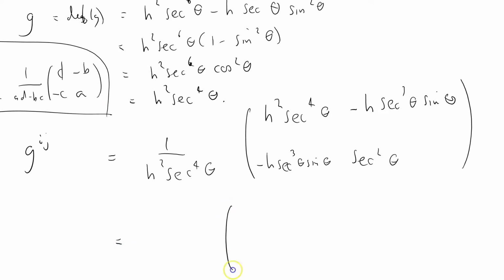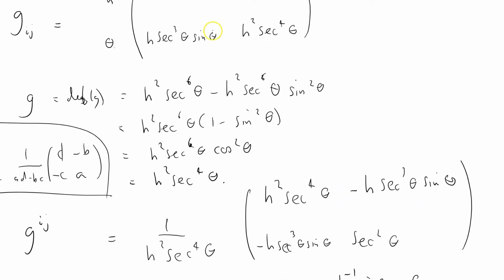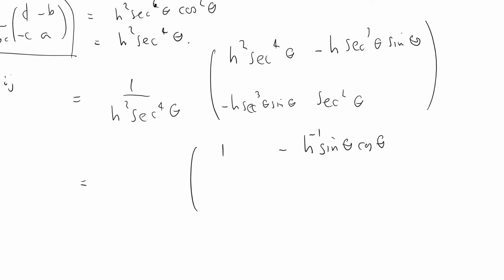So let's just work out what that is. That's a 1, and various terms, that's a minus h sine theta cos theta, sorry, that's h to the minus 1. Is that positive or negative term? These are positive, so these are going to be negatives, that's right.